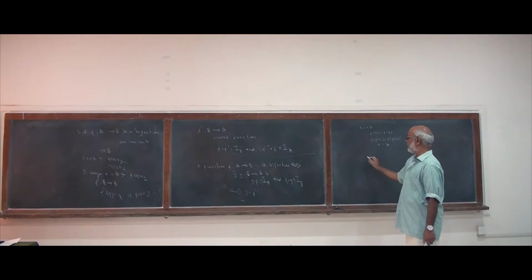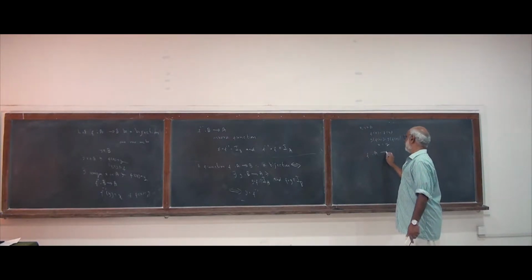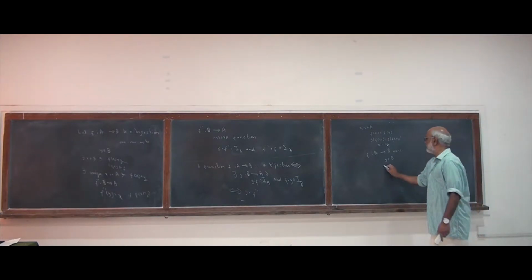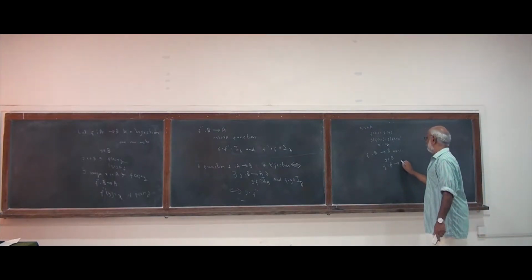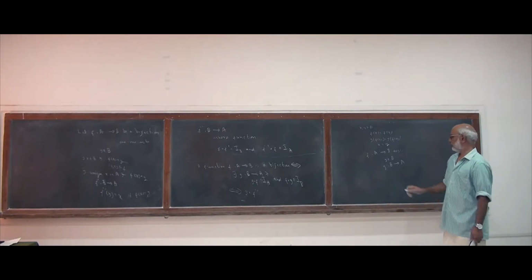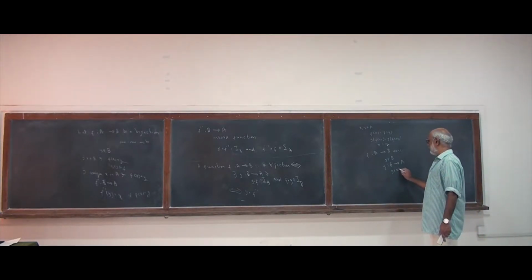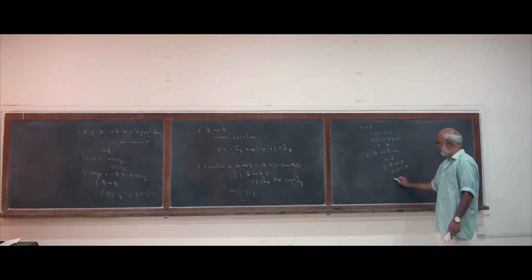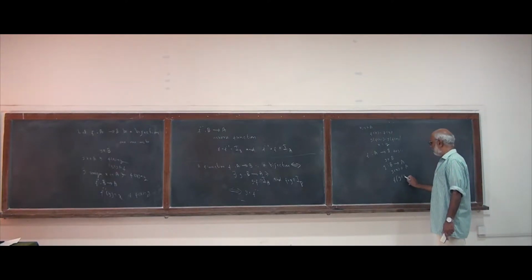Now we want to prove that f is a surjection. How to prove this? You take an element, say y of B. Now, g is a function from B to A. So we can take g of y, and g of y will be an element of A. Now, what is f of g of y?